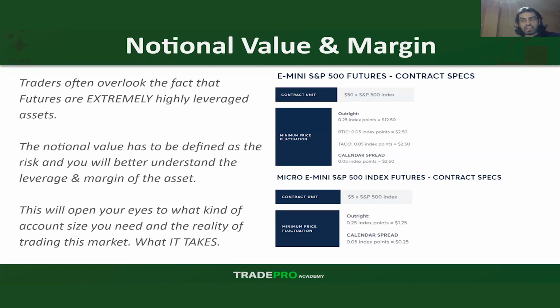So 50 times 4,000, that's $200,000 per singular contract of notional value. It's a lot. Now, if we take the micros, 5 times 4,000, it's $20,000 of notional value per contract.